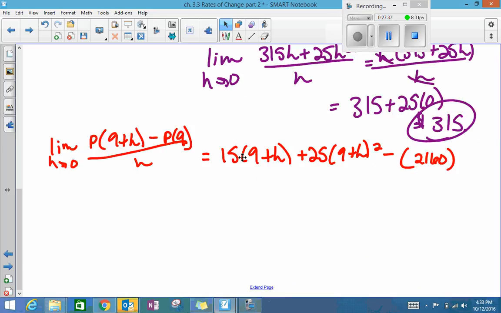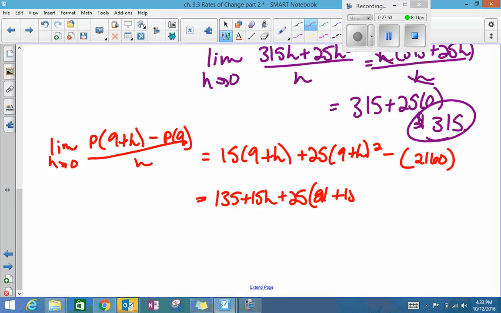Okay, so now we simplify this. We get 15 times 9 is 135 plus 15h plus 25 times... Foiling, we get 81 plus 18h plus h squared minus 2160.